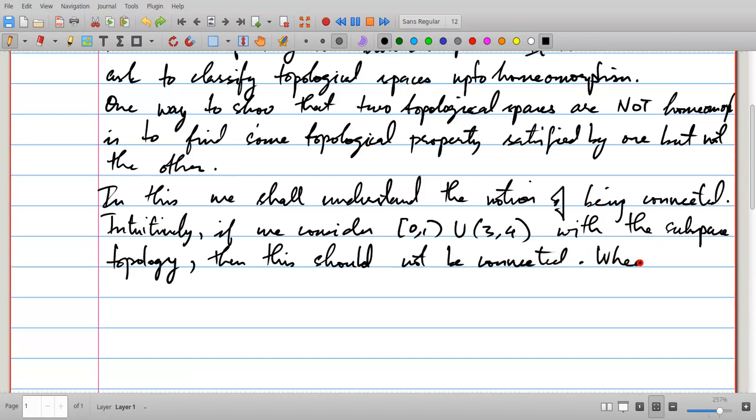Whereas the interval [0, 1] should be connected.